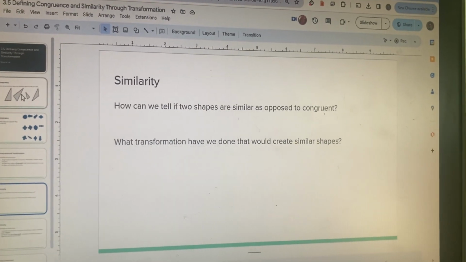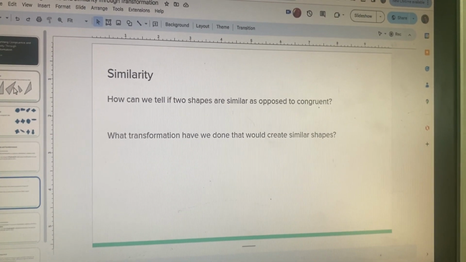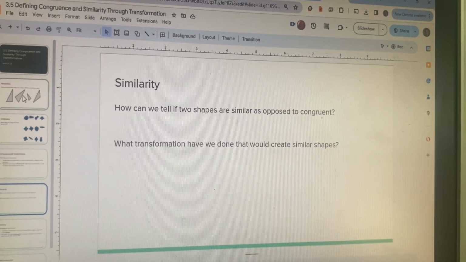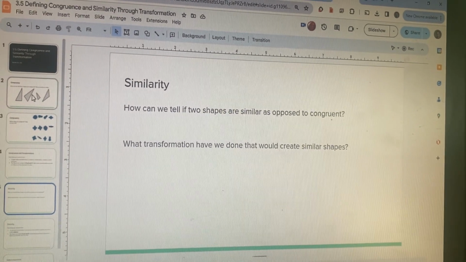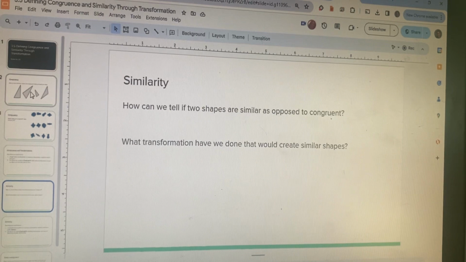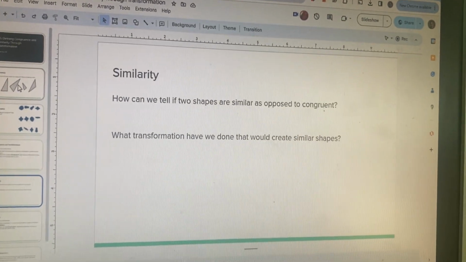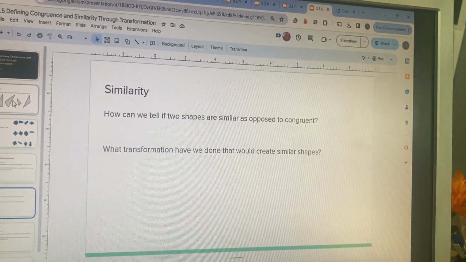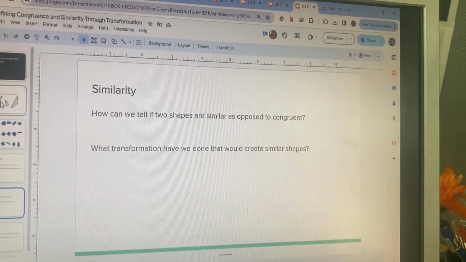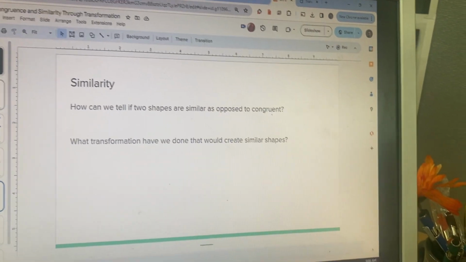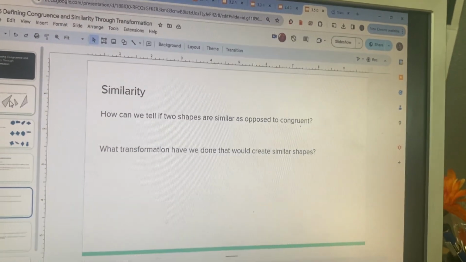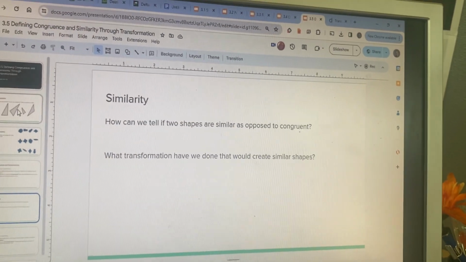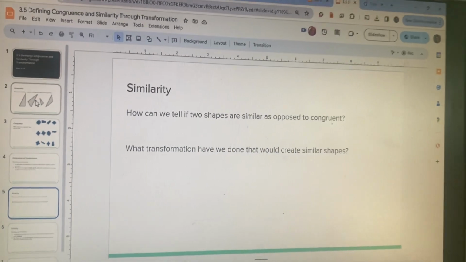So on similarity, how can we tell if two shapes are similar as opposed to congruent? We have the same ratio of sides, and all of the angles are congruent. No matter how we change the size of that shape, those angles stay the same, but the sides are in a ratio to one another. If it's a triangle, if all the angles are the same, that's enough to prove it's similar.